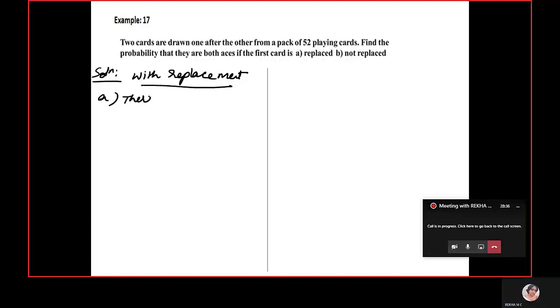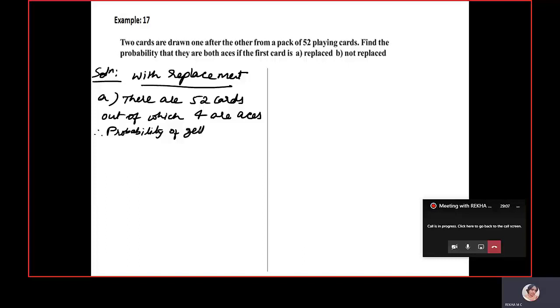Sub-question A, there are 52 cards, out of which 4 are aces. Therefore, the probability of getting an ace in the first draw is equal to 4 divided by total 52.